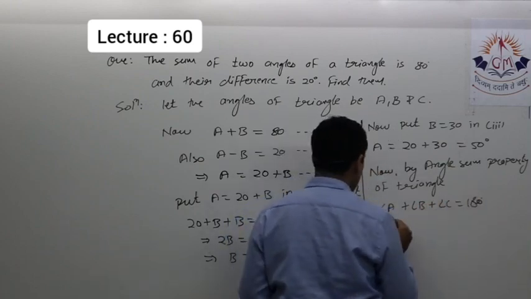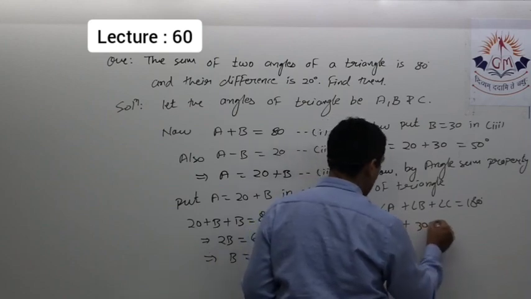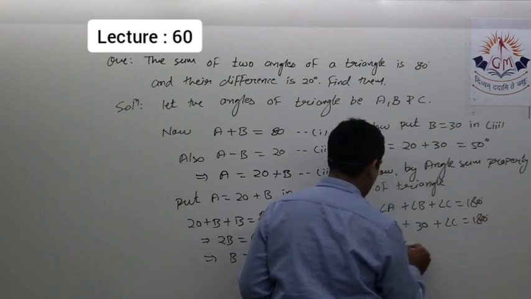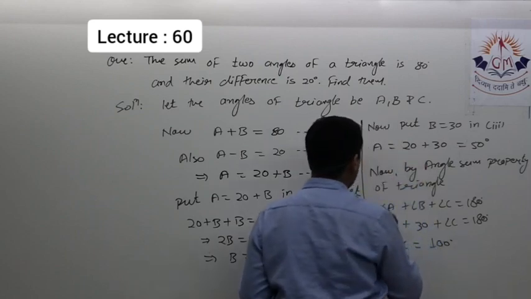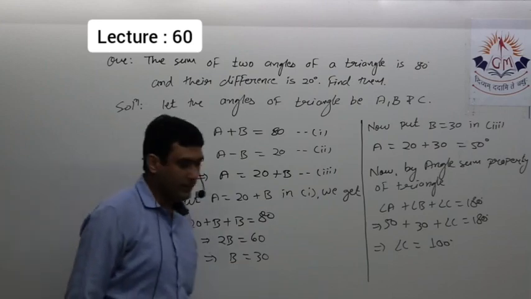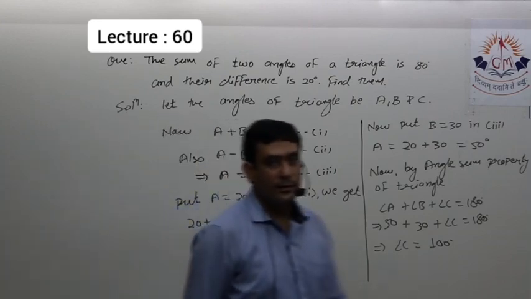So A is 50, B is 30 plus angle C is equal to 180. So here I can say angle C is equal to 100 degree. So here I got the measure of all three angles. A is 50, B is 30 and C is 100. So please note it down, then we'll see the next question.